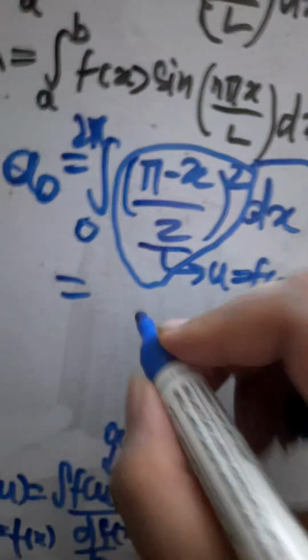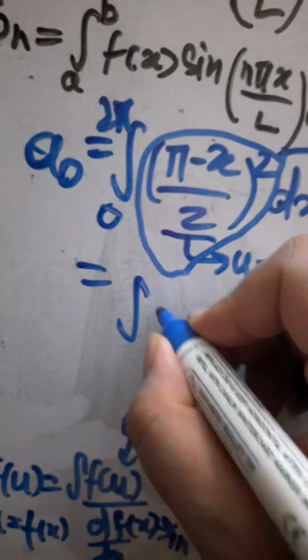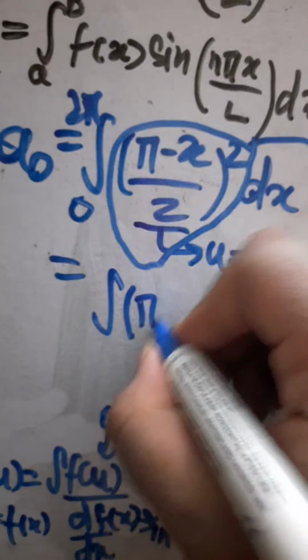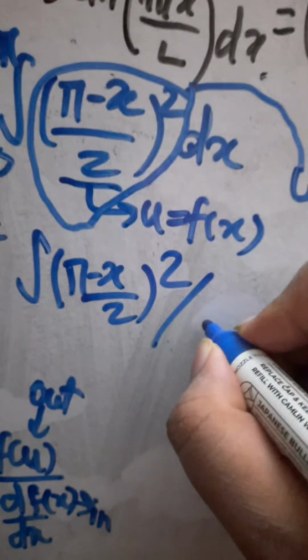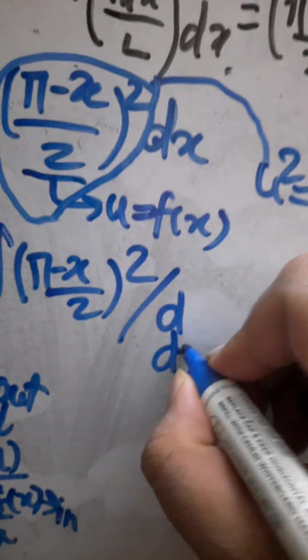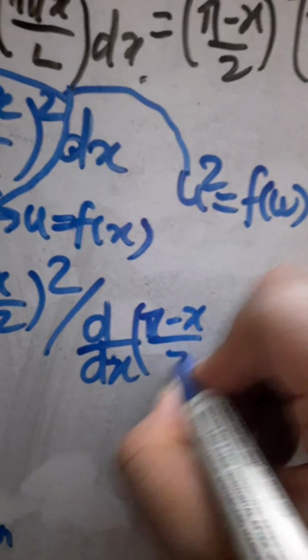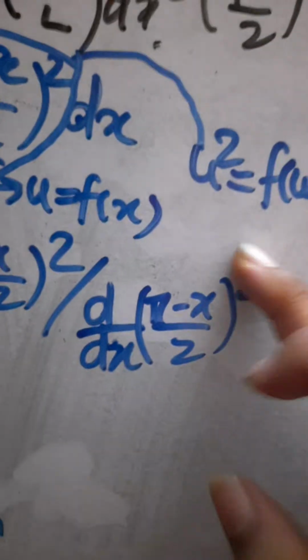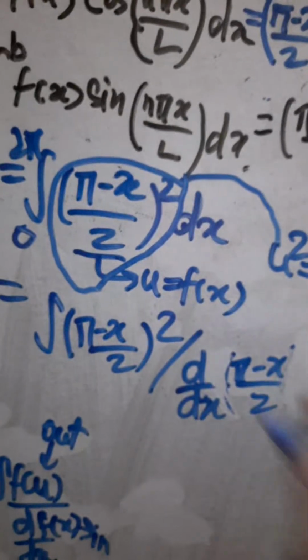Now for that, we have to take the integration of pi minus x by 2 whole square divided by d by dx of pi minus x by 2, because inside it was pi minus x by 2, the inside u part, not the whole part.